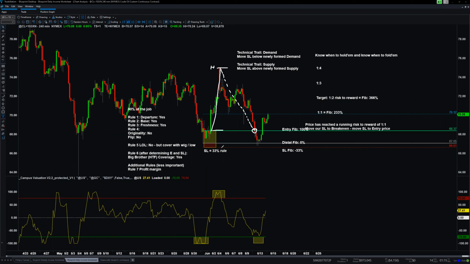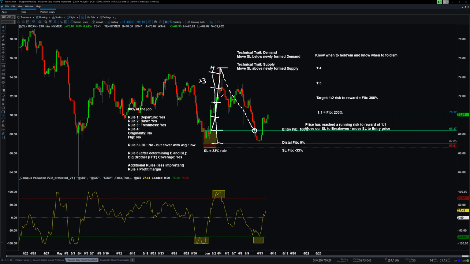I don't want you to use the fib or anything like that. Just eyeball it. If I go from proximal to distal, do I have 3 times as much space? So 1, 2, 3, 4, 4.5 roughly. So bigger than 3, right? So in this case, we met the rules perfectly for profit margin.